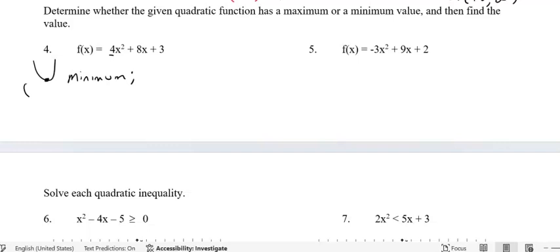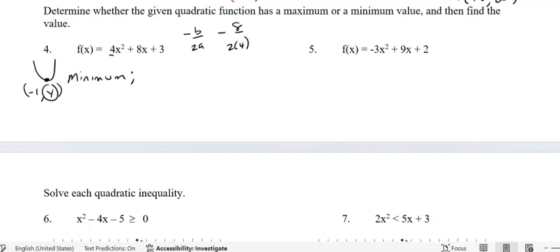And the value of the minimum is the y coordinate of the vertex. So you can do the opposite of b over 2a to find the x. That's the opposite of 8 over 2 times 4, the opposite of 8 over 8, which would be negative 1.